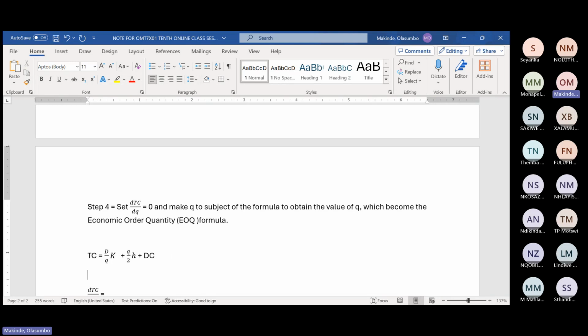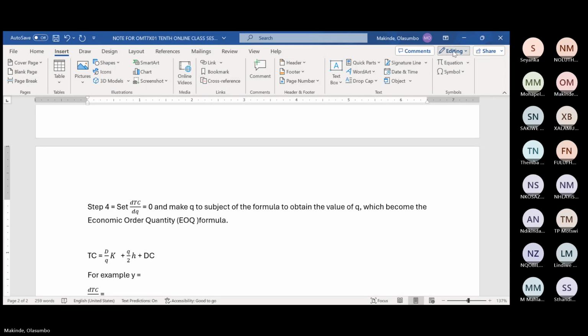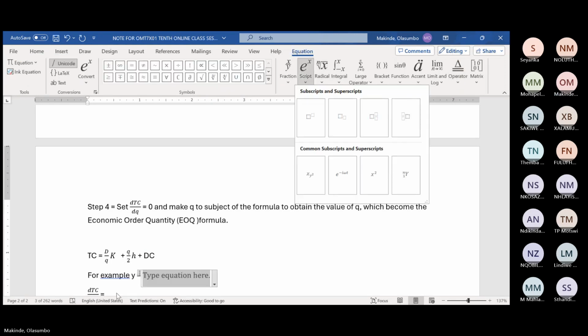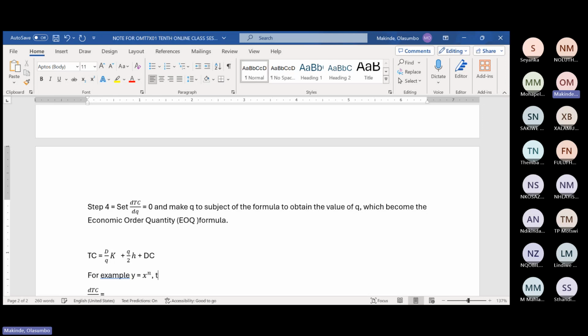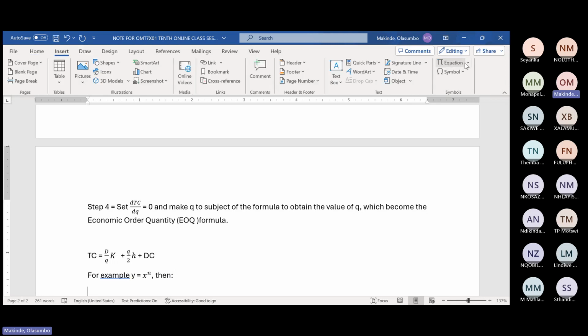Let me just give you an example to show you how to differentiate: if Y equals X raised to power N, and I want to find dy/dx, that means I am differentiating Y with respect to X.